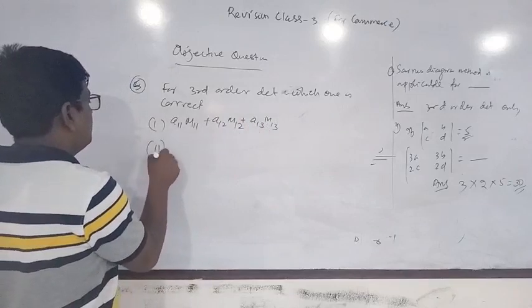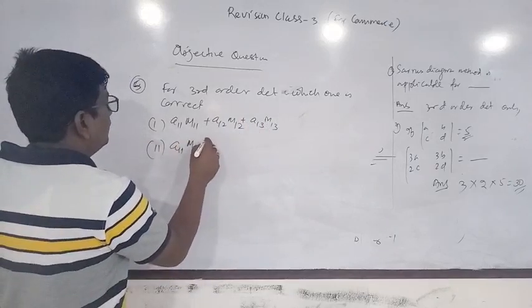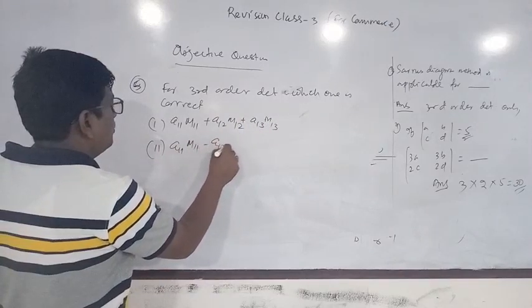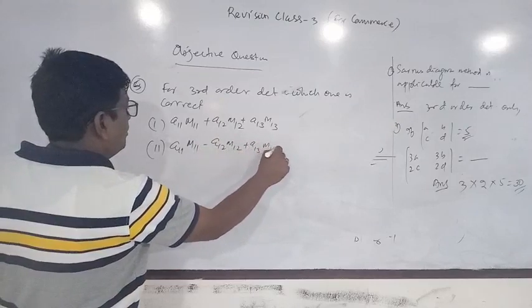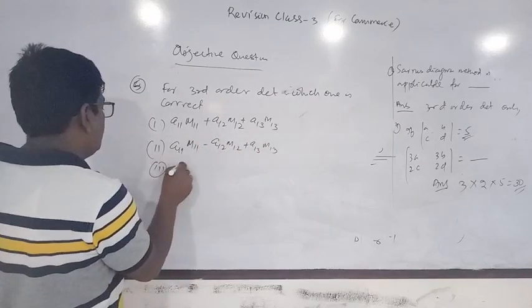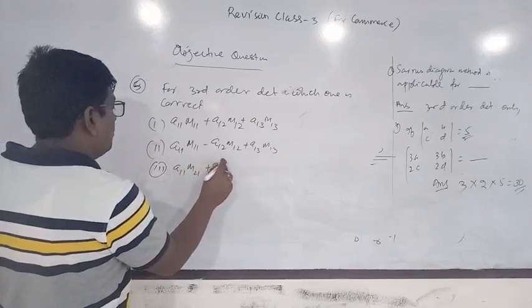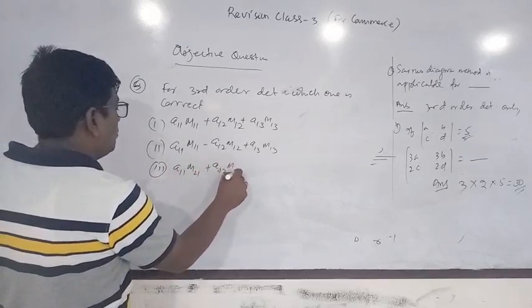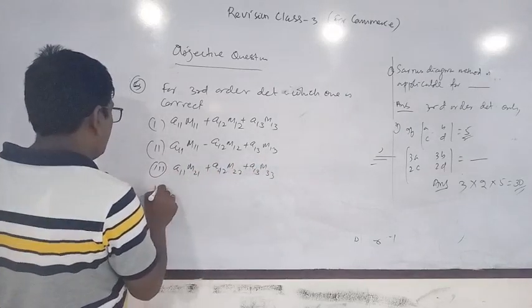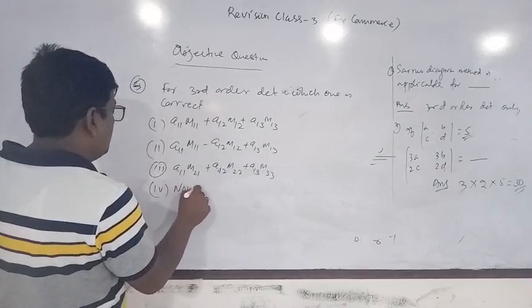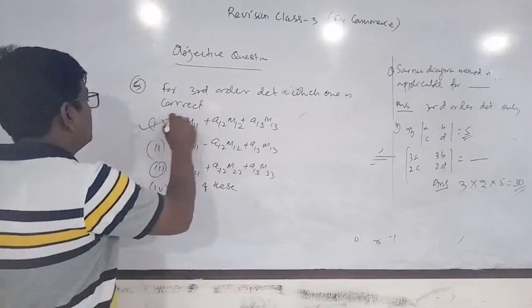The second option is A11 M11 minus A12 M12 minus A13 M13. The third option is A11 M21, A12 M22, A13 M33. The fourth is none of these. Which one is correct? The first one is correct.